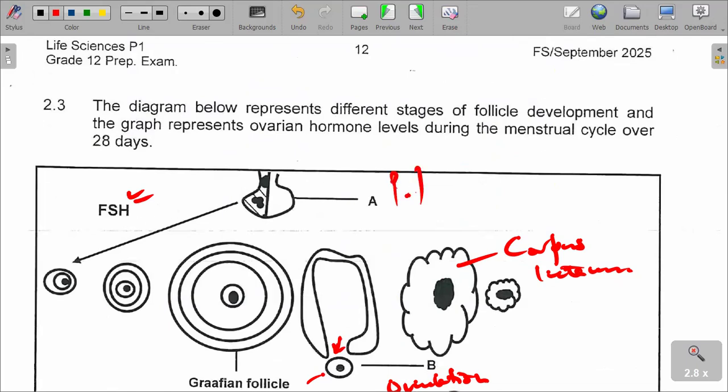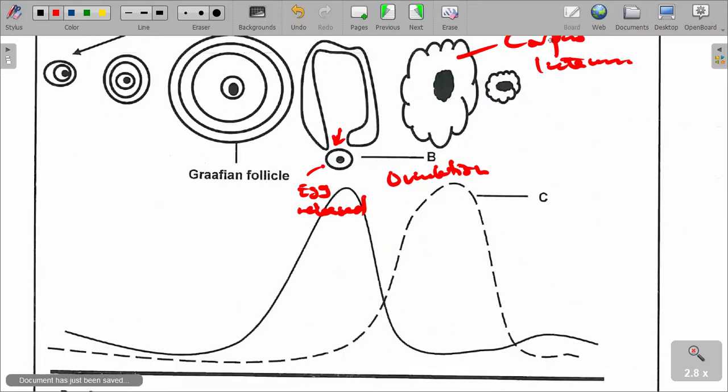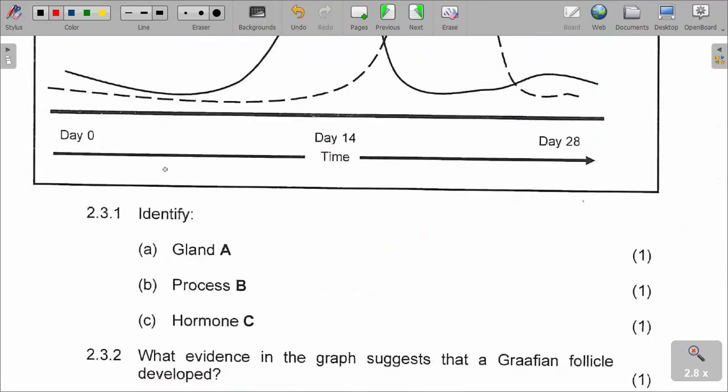I said again in the beginning that the pituitary gland is the one that releases these follicle stimulating hormones. So it is the pituitary gland. That is gland A.